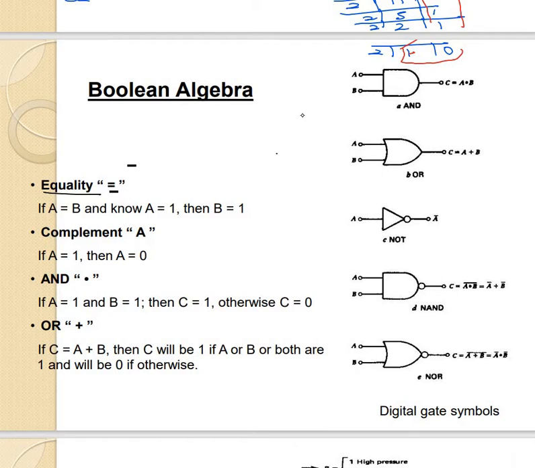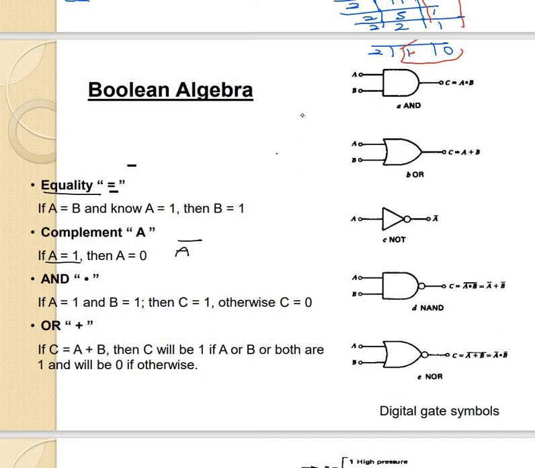So next we have complement A. Complement A is opposite. Means if A equal to 1, then complement A, that means A bar, would be the opposite.